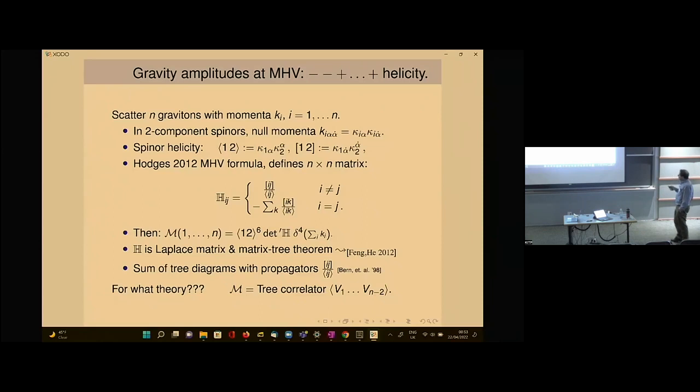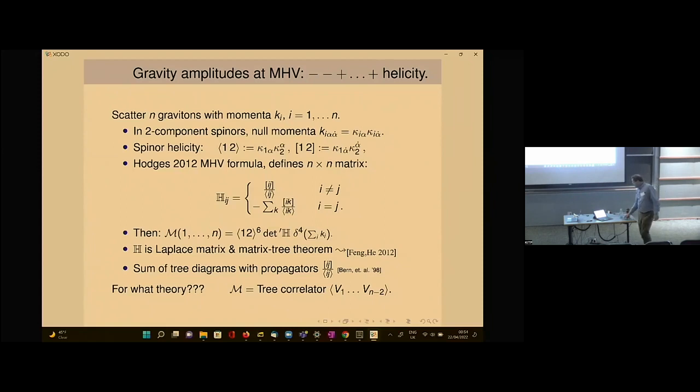And it was actually observed very soon after Andrew's formula that this related to some older work by Bern and friends, which expressed the gravity MHV amplitude as a sum over tree diagrams.